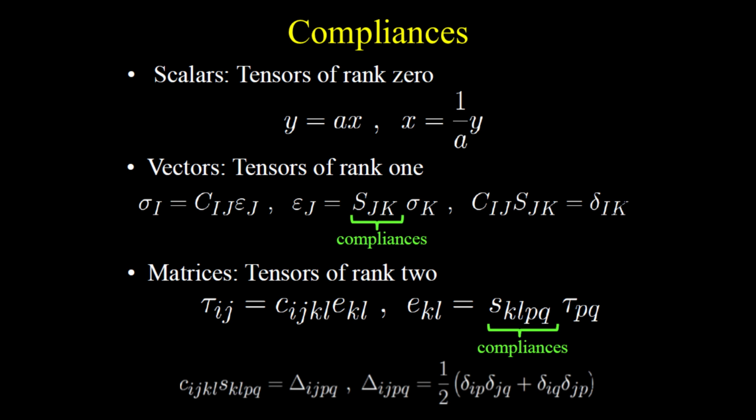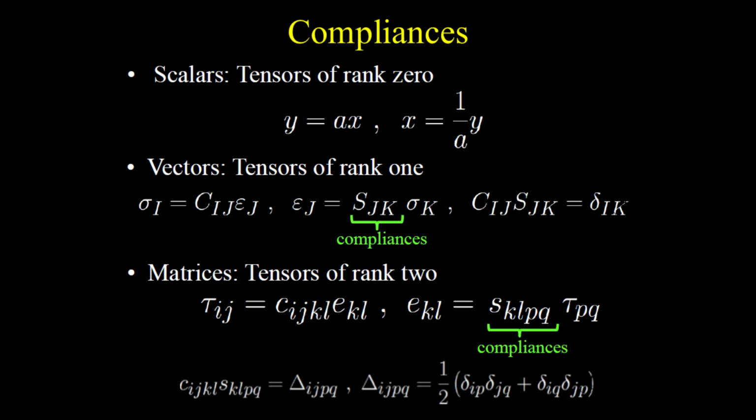Again, the strains can be expressed as linear functions of all stresses, as we can see here. In this case, the constants S_klpq, called compliance constants, are measures of the deformability of the medium.